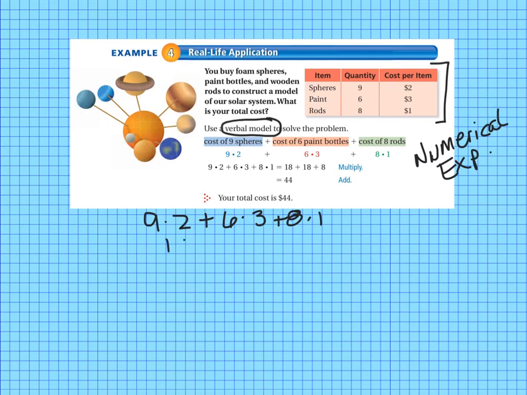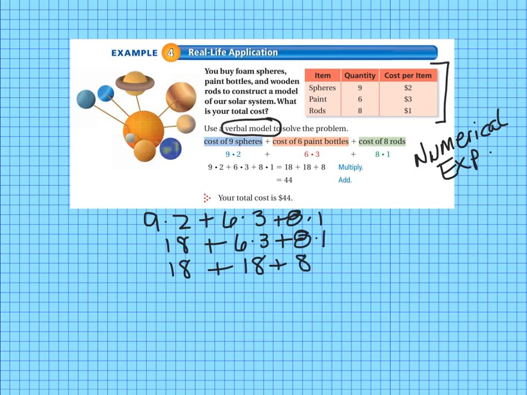9 times 2 is 18, plus 6 times 3, plus 8 times 1. And then I would go 18 plus 6 times 3 is 18, plus, and then I would ask you, do we really need the 8 times 1, or can we just multiply in our heads and go, that's 8?